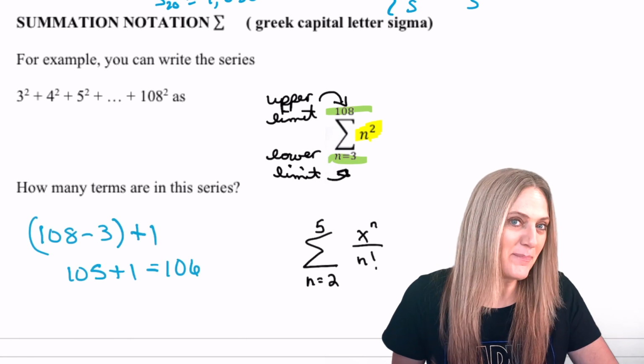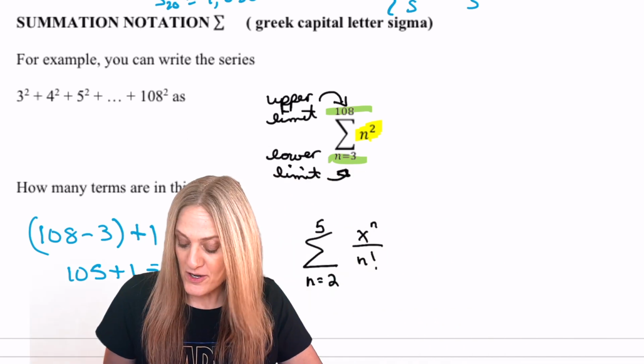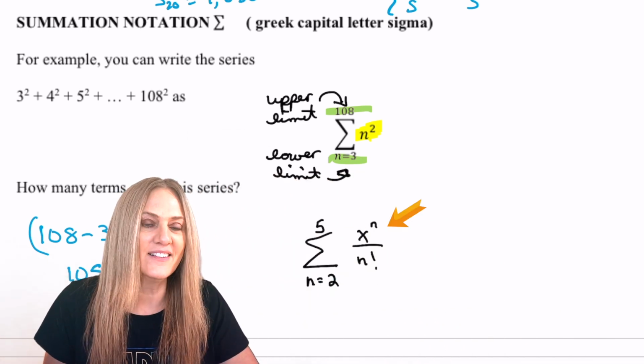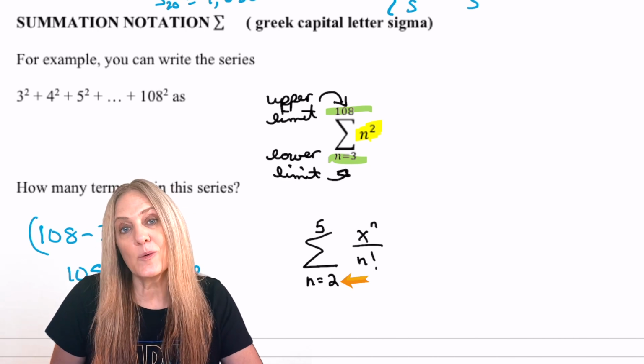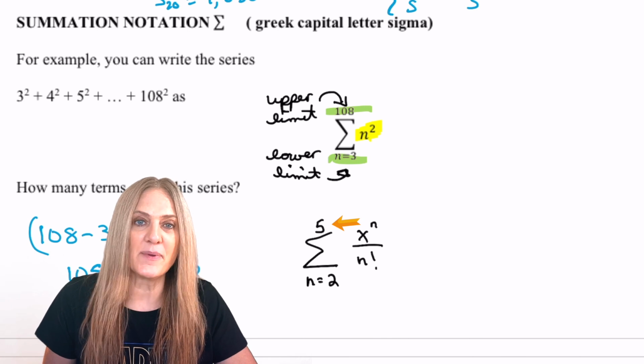Let's look at an example of summation notation and see if we can expand the series. This time our argument is x to the power n divided by n factorial. Our lower limit is n equals 2, so we start with the number 2, and we go up to the upper limit of 5.